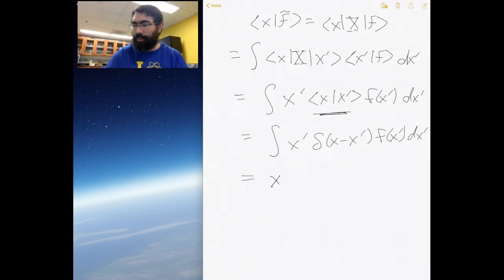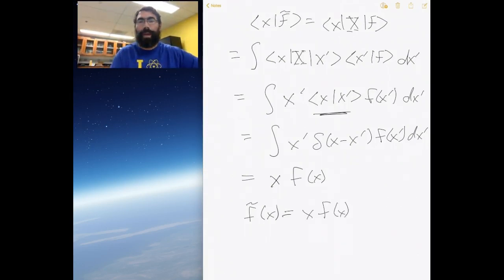So the integral of this is X times the function F of X. So in the end, what I've done is to transform this function, which is now just the position times the original function back again.